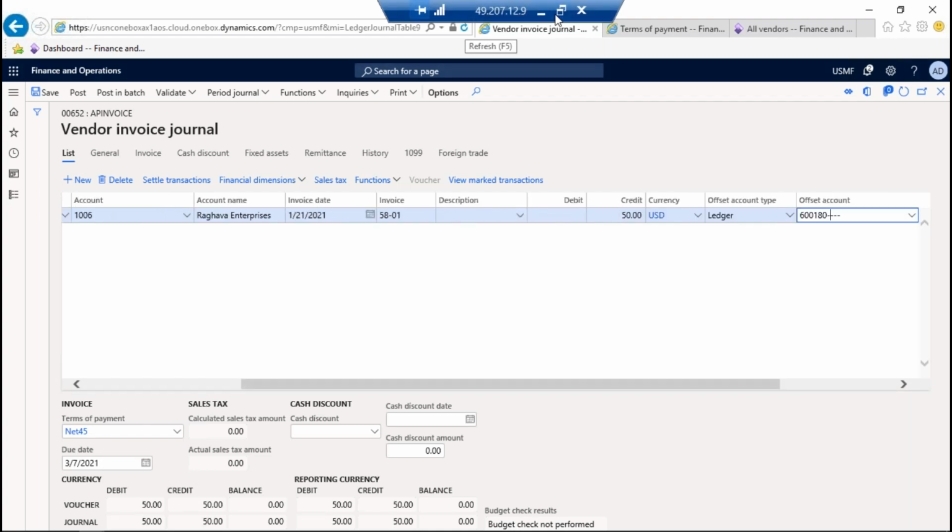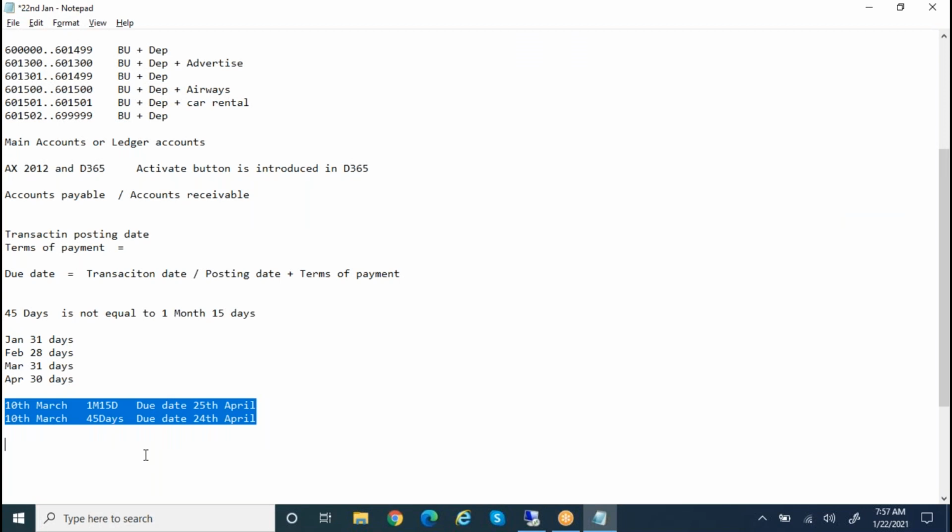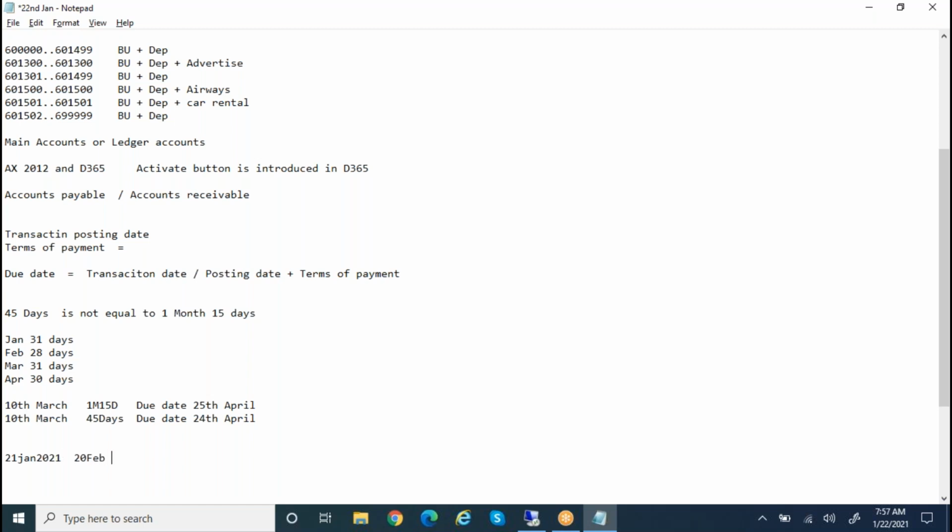Very small information: 21st Jan 2021 is today's date. Then 20 February will be 1 month, 30 days.